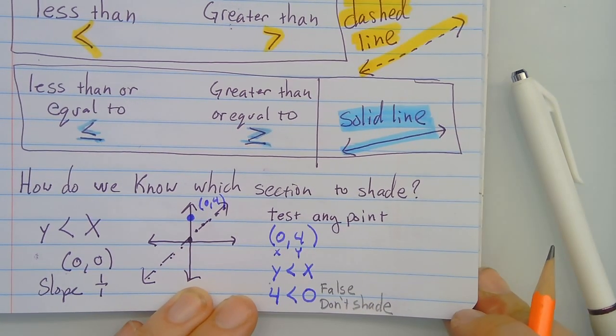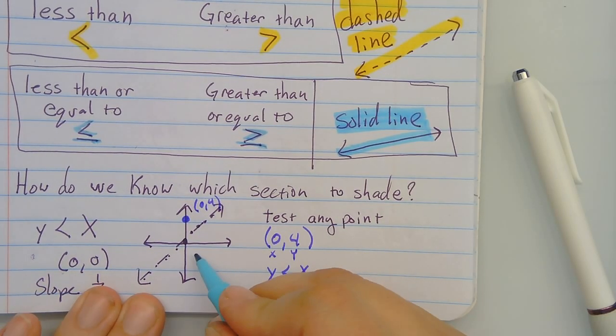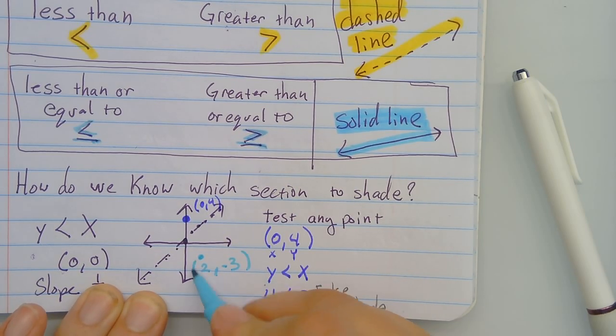Now you only need to test one point, but if you are really worried about your letter grade and you want to verify, could you pick a point from the other section? Absolutely. What if I chose this point over here, 2, -3?